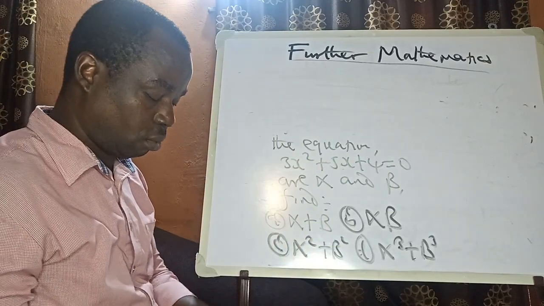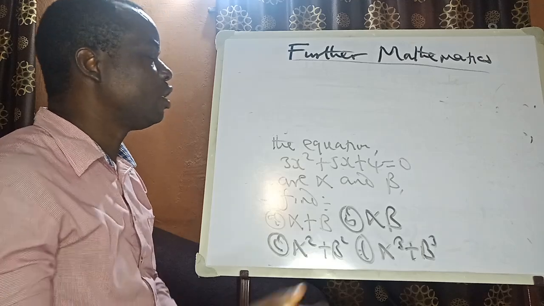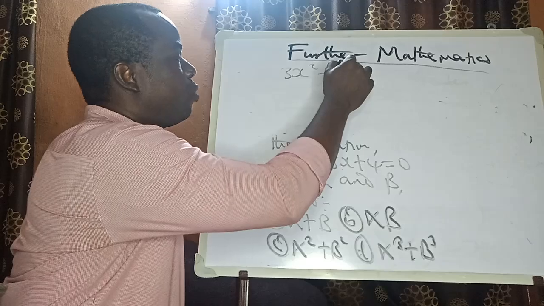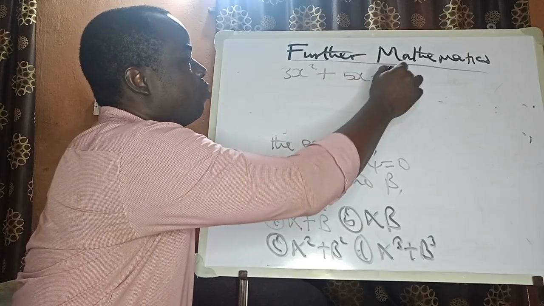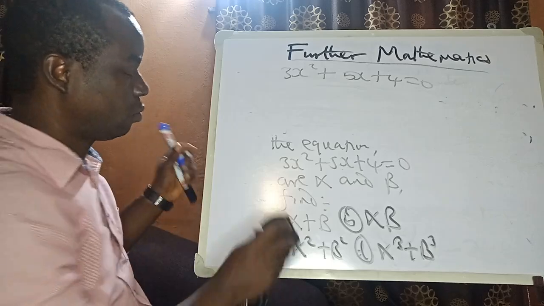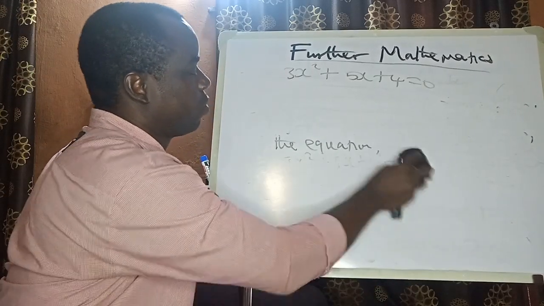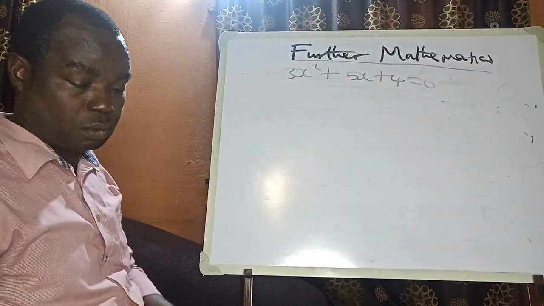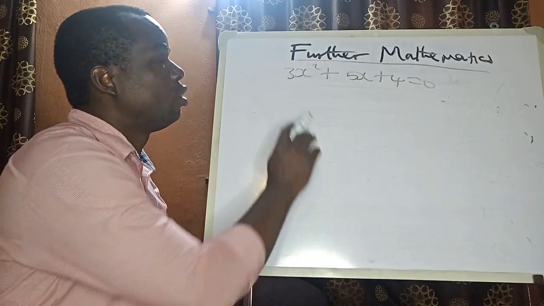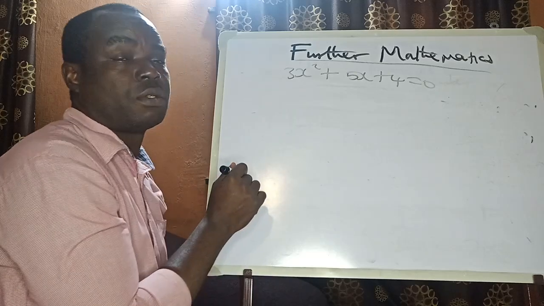So the equation is 3x squared plus 5x plus 4 is equal to 0. If you remember what I told you, what will be our a in this question?